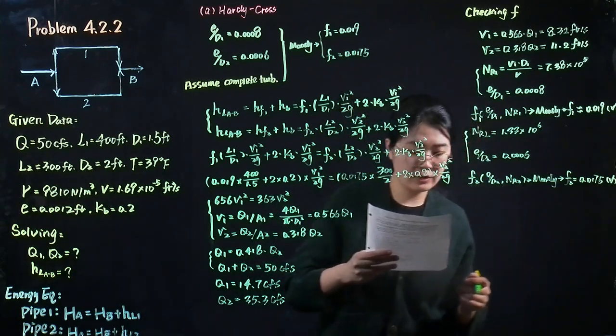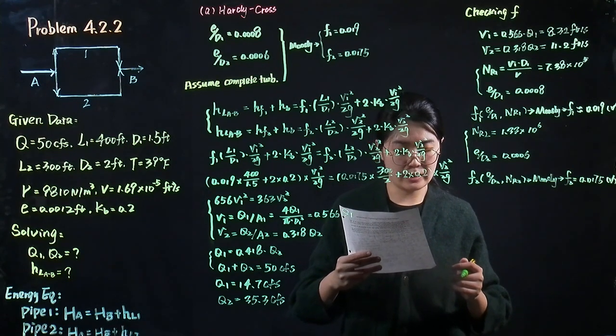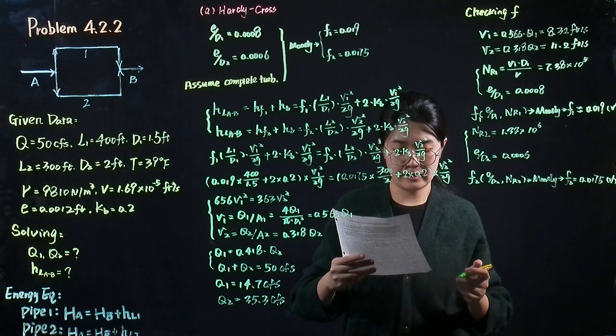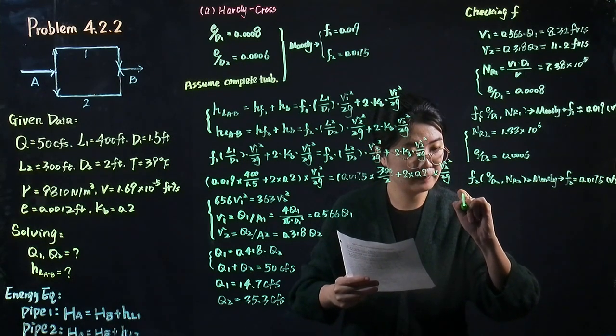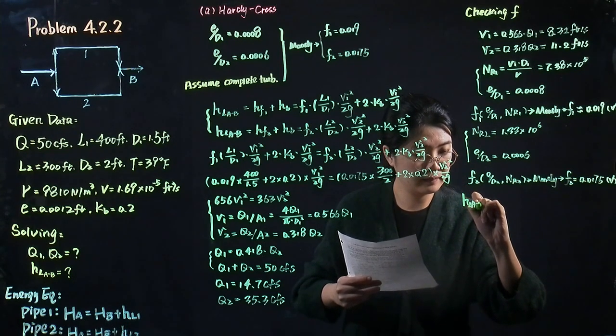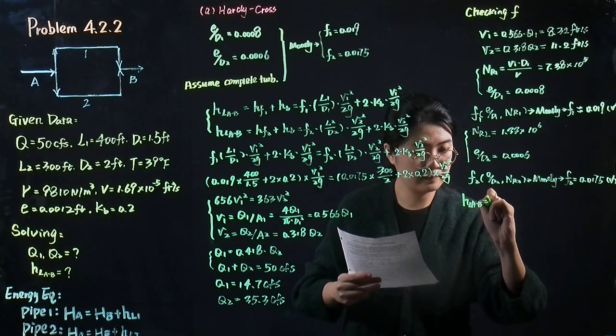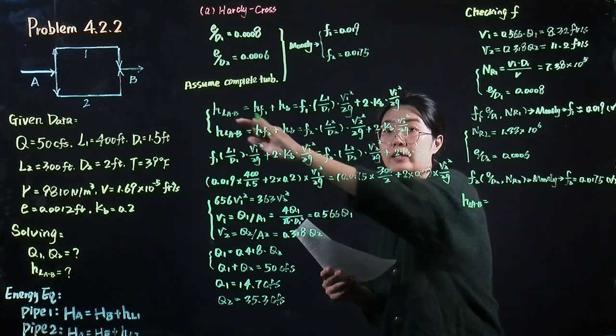Then we can use the parameters in pipe 1 to calculate the head loss. And we have an equation here.